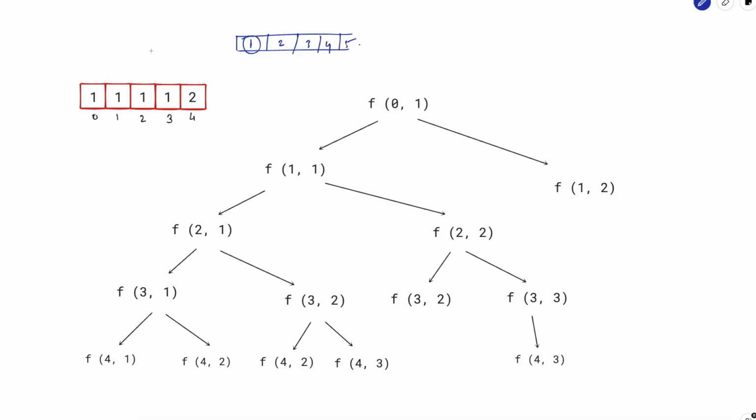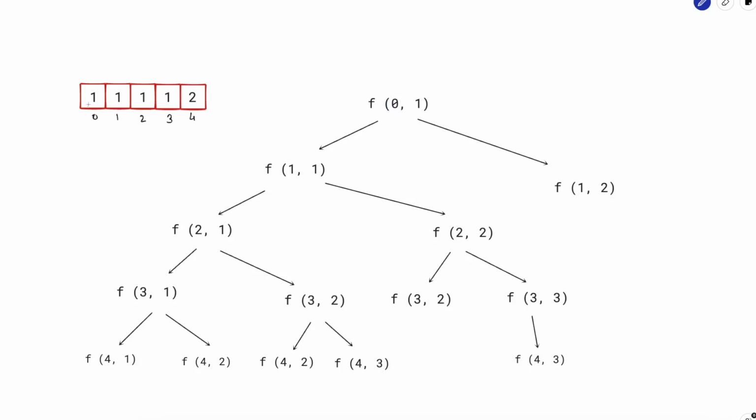So we need to find out f of 0, 1, where 0 denotes the starting index after which I am allowed to take elements. So we are simply saying, starting at index 0, what is the maximum number of consecutive elements I can form given the first element should be 1. So that's what f of 0, 1 denotes.